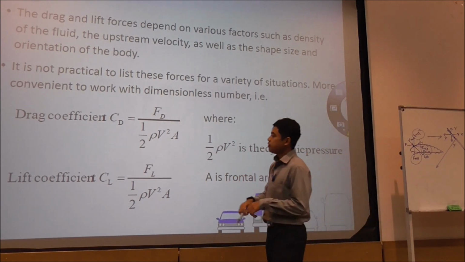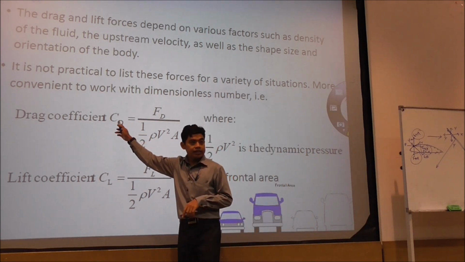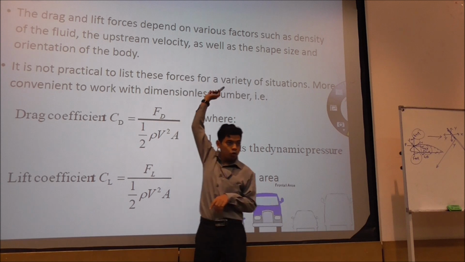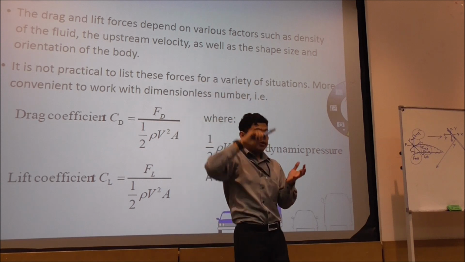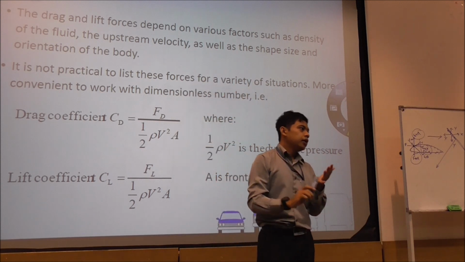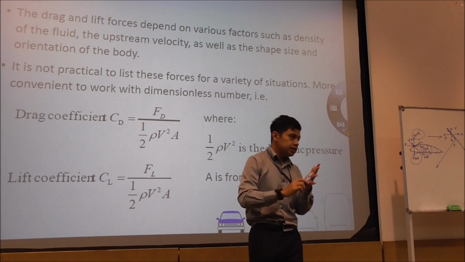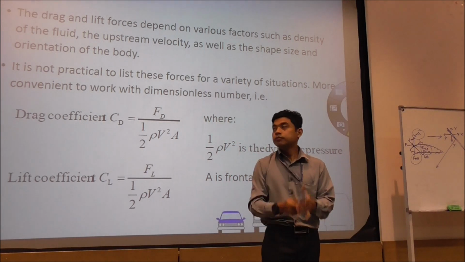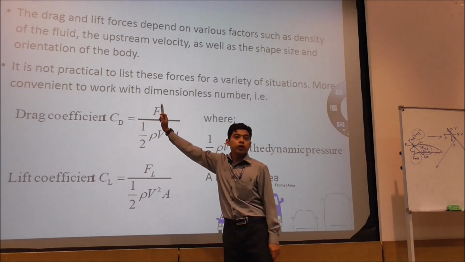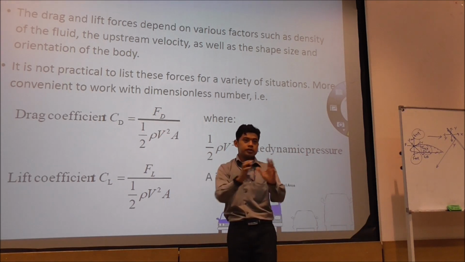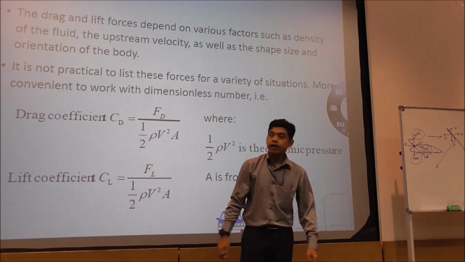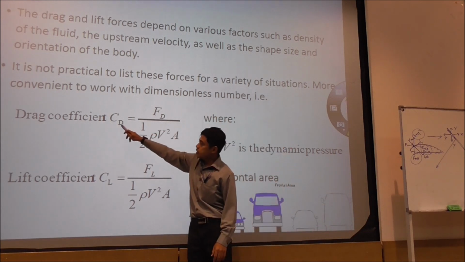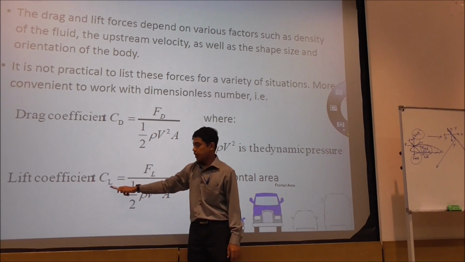Why? Because this drag coefficient is unitless, so it does not depend on those parameters. Regardless of your velocity, regardless of your density, regardless of your area, this will remain the same for the same thing, right? That's why we work with this CD and CL, right?